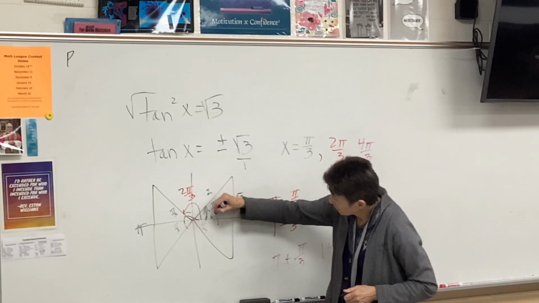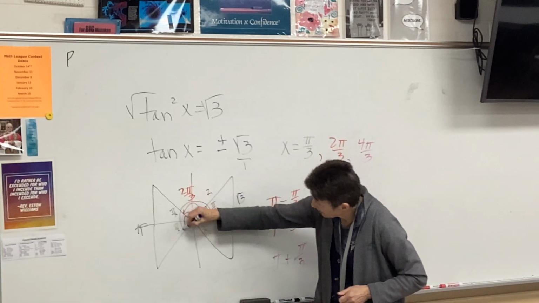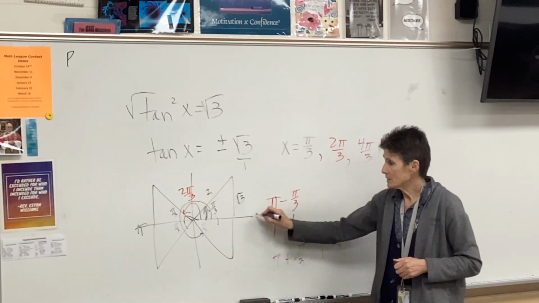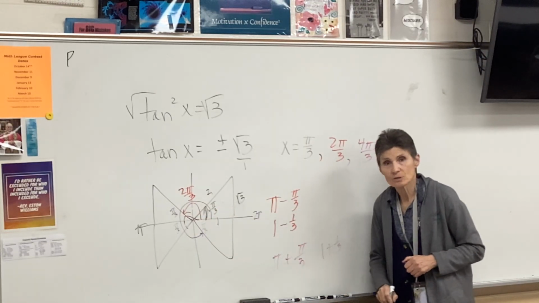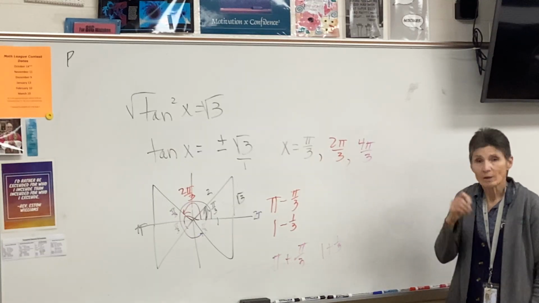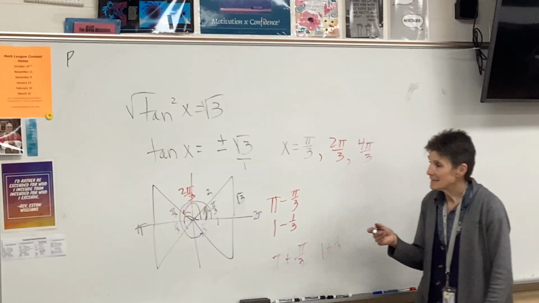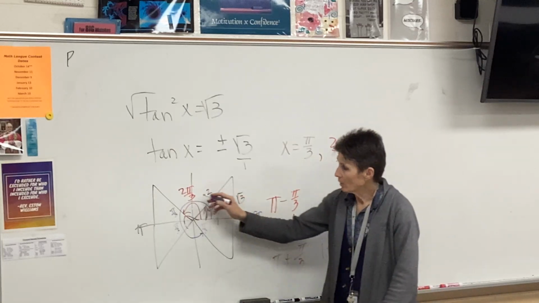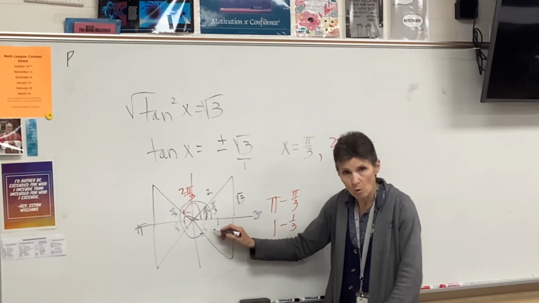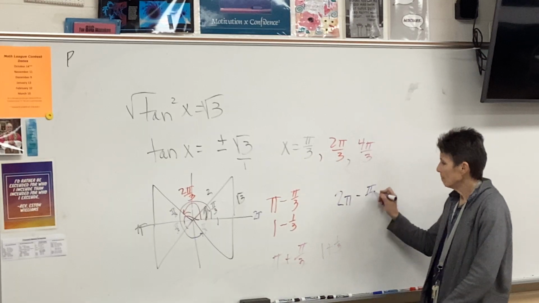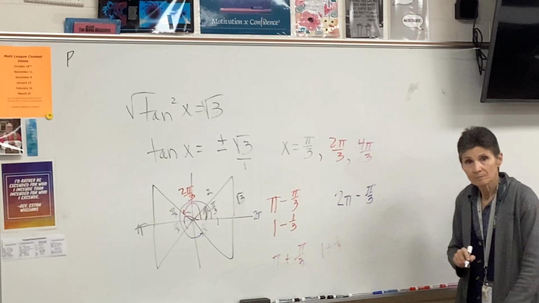And then what about my purple one? My purple one goes all the way around to here. Now remember, all the way around is 2 pi. But I didn't go all the way around. I went all the way around except for pi over 3. So that is 2 pi minus pi over 3.